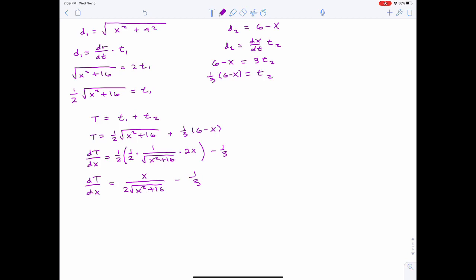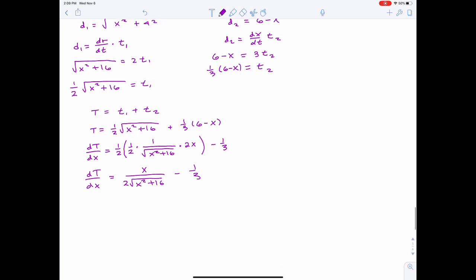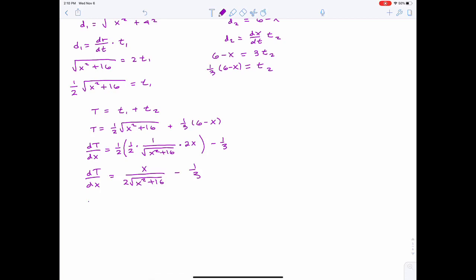I'm going to get a common denominator for this. So dt dx equals 3x minus 2 square root of 16 plus x squared over 6 square root of 16 plus x squared. Okay, this is the function I need to minimize.